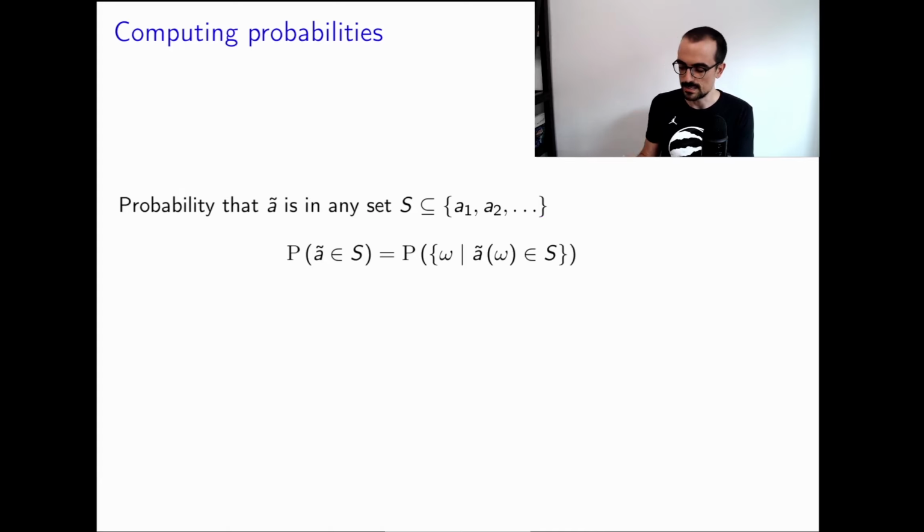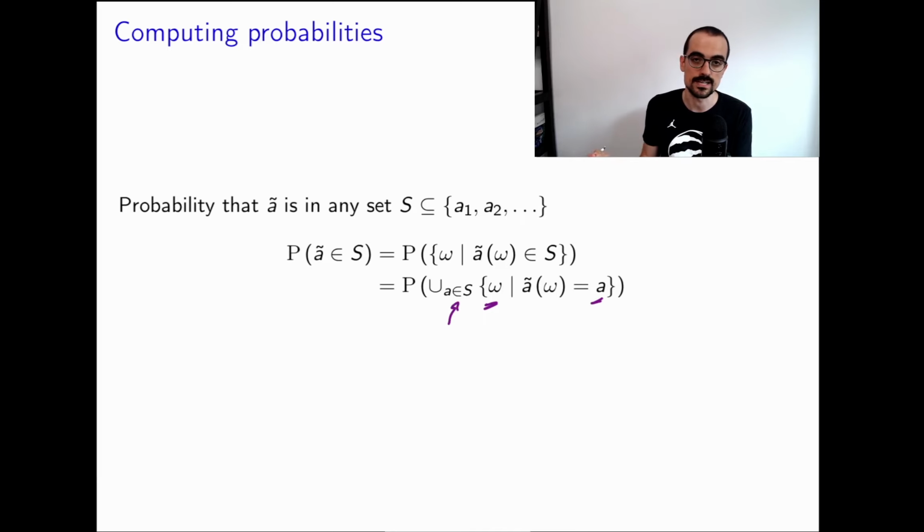So this is the probability of all the outcomes such that the random variable maps to S. If the set we're interested in is the even numbers, rolling an even number, we can decompose that set into a union of the sets of outcomes that map to each of the A's that form S.